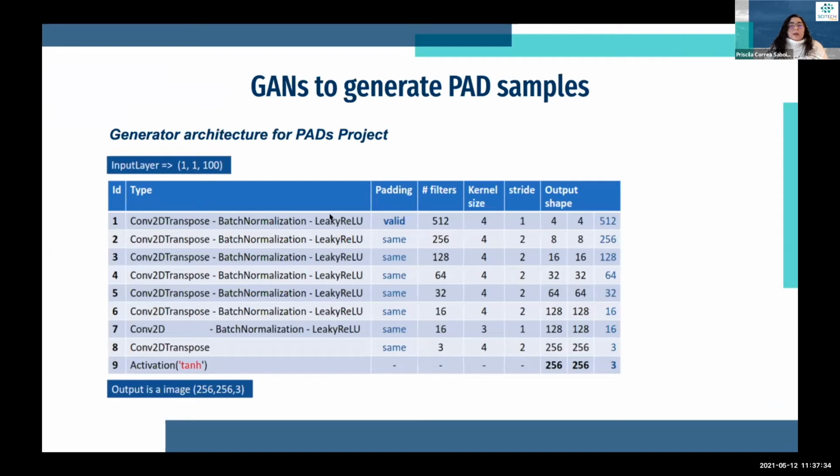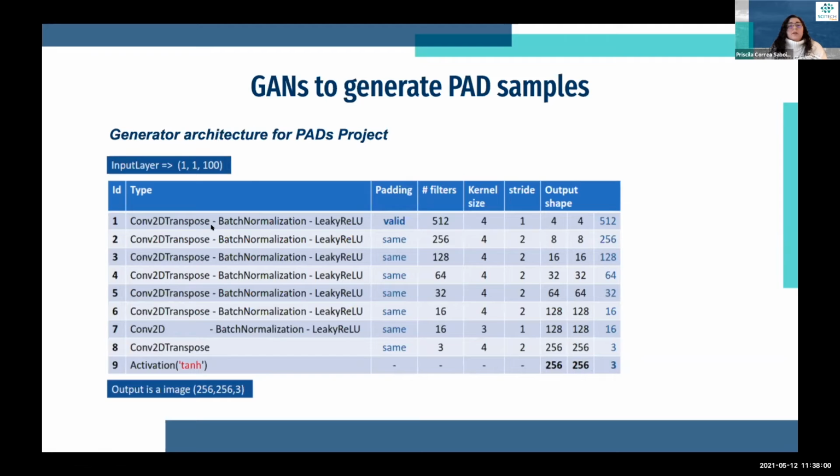And we are upsampling this noise until we get an image from this size to 266 by 266, and 3 is the RGB, so it's an image, right? So the idea is that from the noise, it passes through all these layers and we get an image.